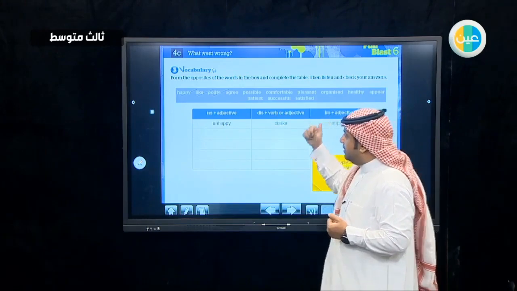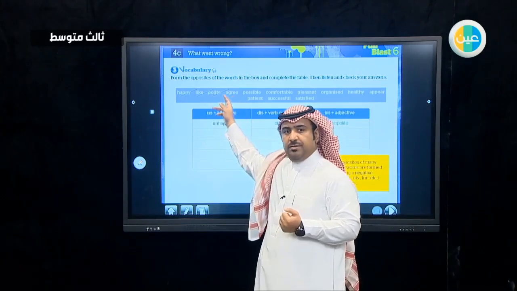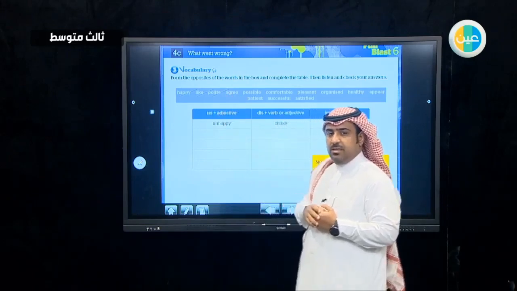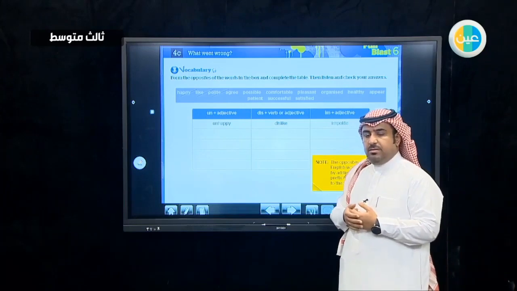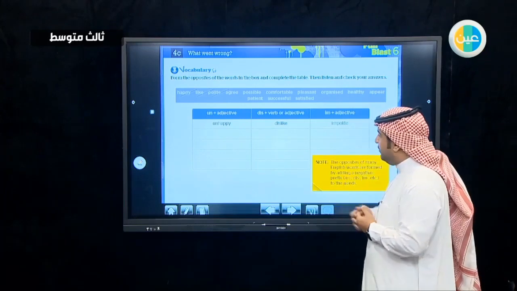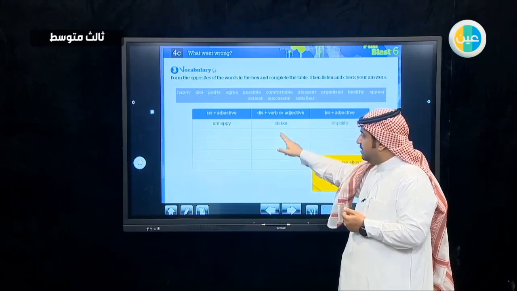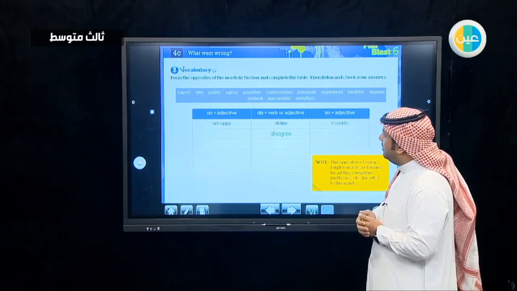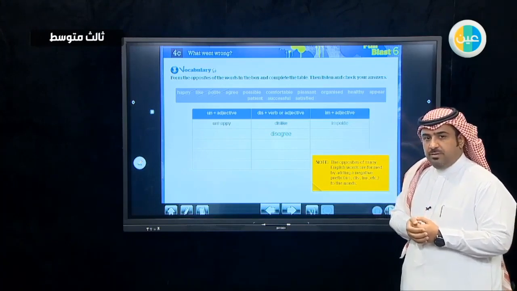Let's do the rest of this exercise. What do you think about agree? Agree means accept or say yes. It is a verb, yes. So it should be under this list. Disagree. What about possible? What is the opposite of possible?